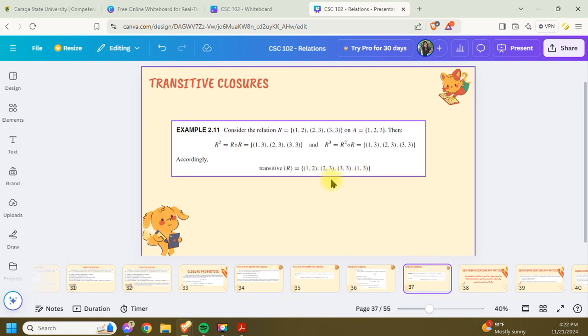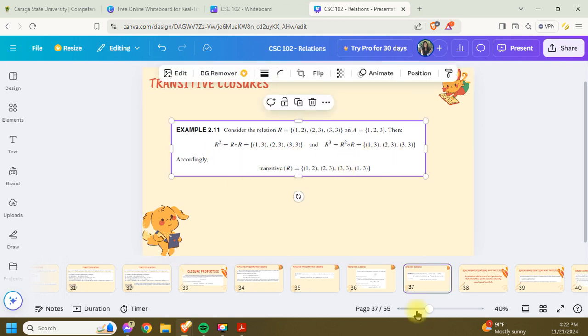Actually, this one, then consider R as R1. Then you have, okay, alright. So this one needs a little bit of discussion.